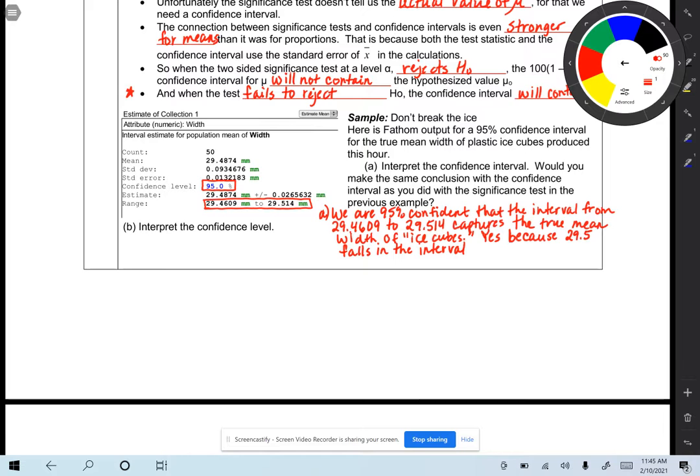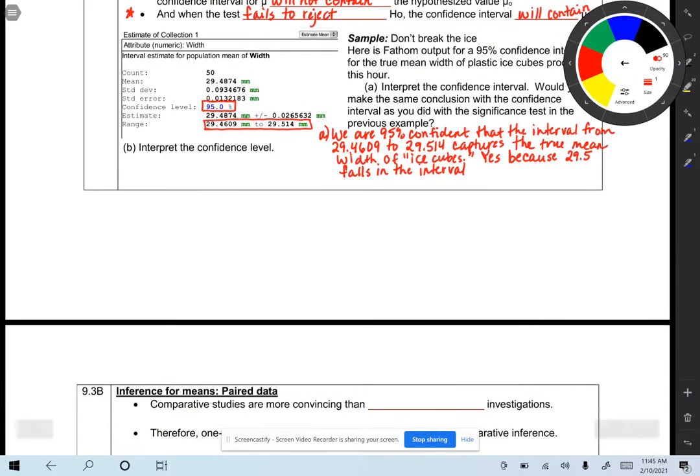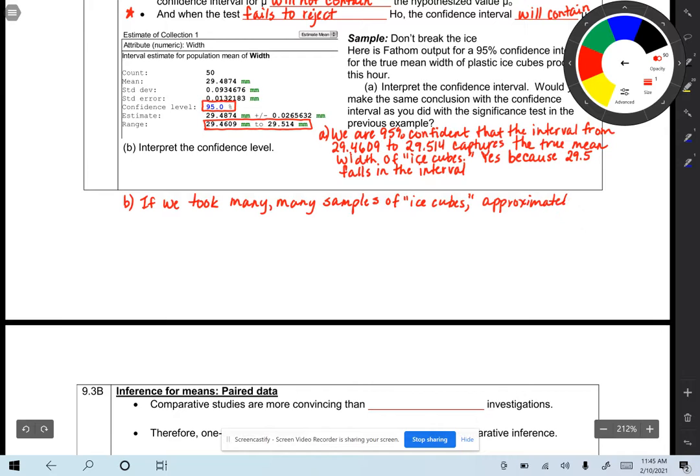Okay, and in part B, again, it's a really good review interpreting the confidence level. So I can do it right here. If we took many, many samples of the ice cubes, approximately 95% of the intervals.